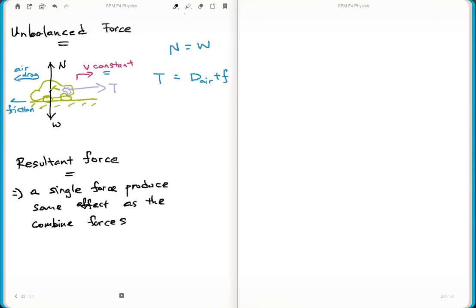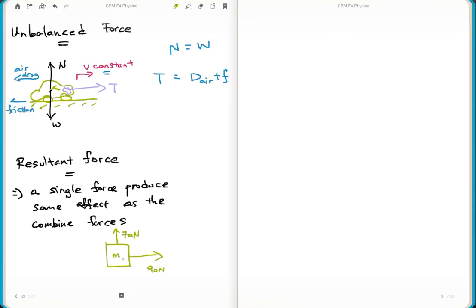Let me give you an example. If you have an object, you may try at home. From a top view, you give it a pull to the right, say 90 Newton. Give it a push at the same time, going up, say 70 Newton. Where do you think this object would be moving?